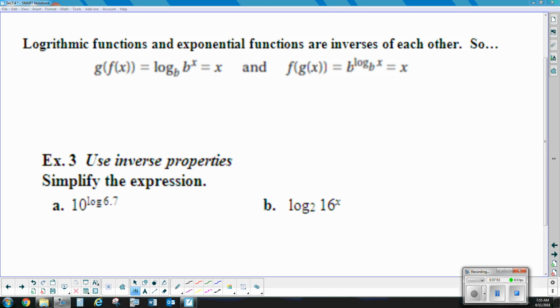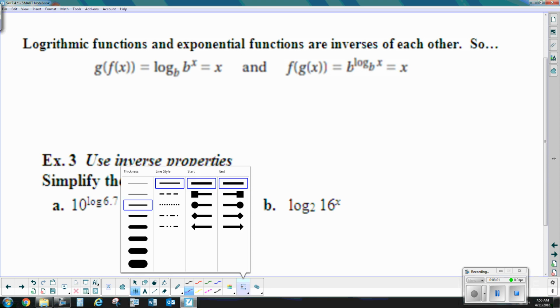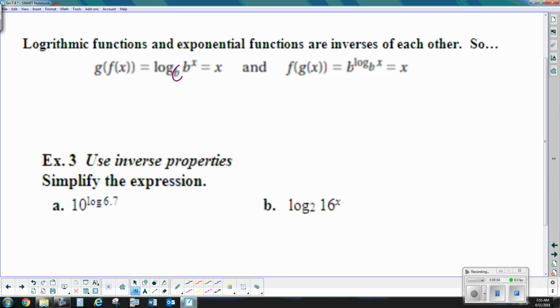Okay, so g of f of x is equal to log base b of b to the x power. Since the base here and the base of our exponential portion of the function are the same, log base b of b to the x power is just equal to x.